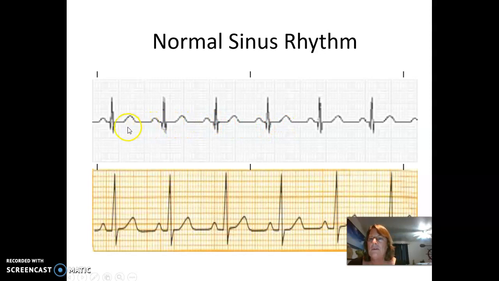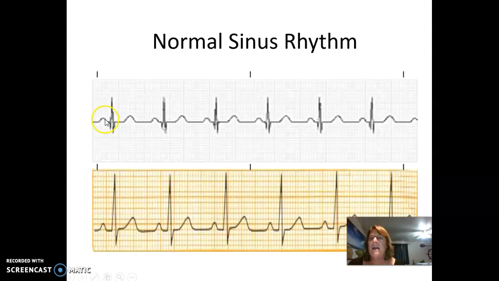So we'll go from here, and it looks like I have 1, 2, 3, 4, 5, 6, 7, 8, 9. These are really hard to see. But it looks like it's about 9 boxes, which would be 0.36. So this would be SR at 60, or I could say NSR at 60, either way.